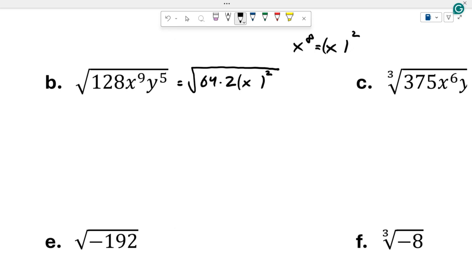And remember, when you have a power to a power, you're multiplying. So I know that I can write this as x to the 4th to the 2nd, right? So I'm trying to take as many of these 9 x's that I have, and I'm trying to group as many of them as I possibly can into a something squared, right? And the grouping there is I can do x to the 4th squared, okay?